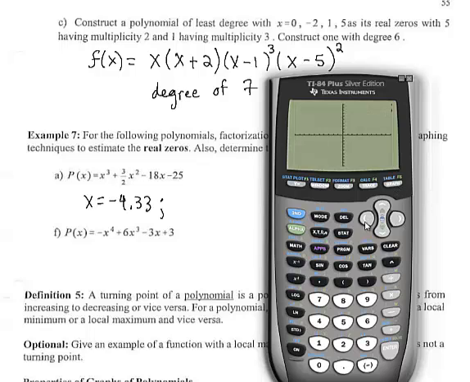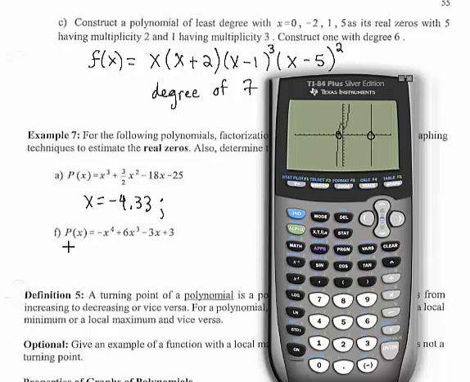We graph it. We're already in the Zoom Standard mode, and now we see only two x-intercepts.